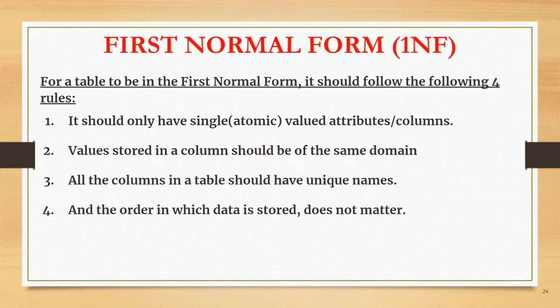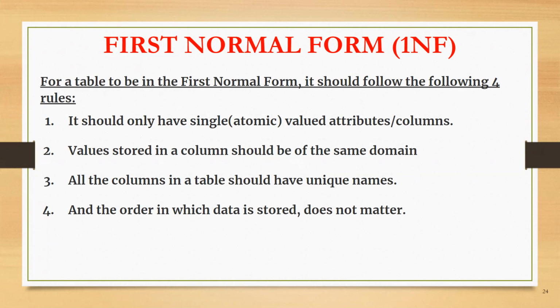Database normalization has steps, and the very first step is called the first normal form, also called 1NF. For a table to be in the first normal form, it should follow these four rules. First, it should only have single atomic value attributes or columns, which means that your attribute values should be single.